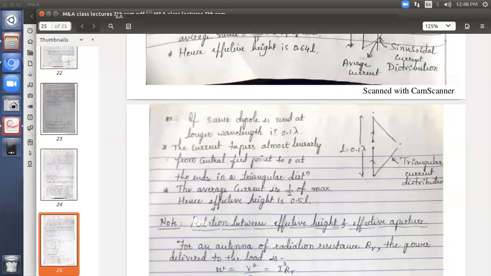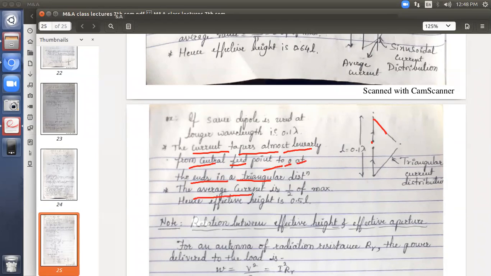If you are the observer at those 2 points, the sinusoidal distribution looks like this to you. Okay. So the current tapers almost linearly, that is a straight line I said, from the central feeding point to 0 at the ends in a triangular distribution.